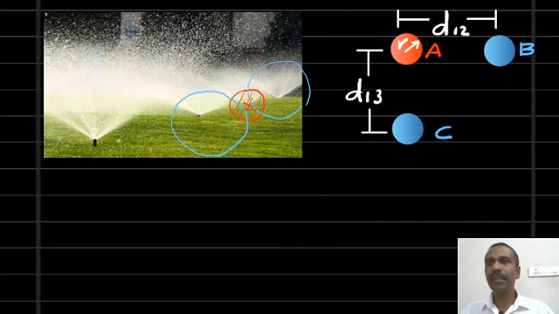We have three conductors. The magnetic flux lines produced by the conductor A is this one.